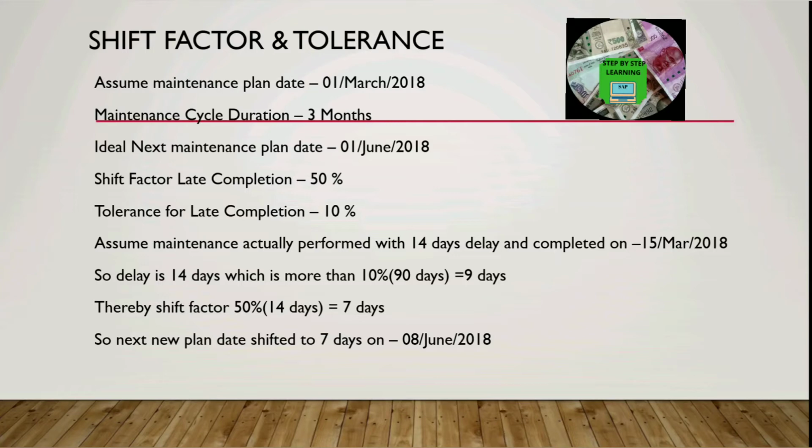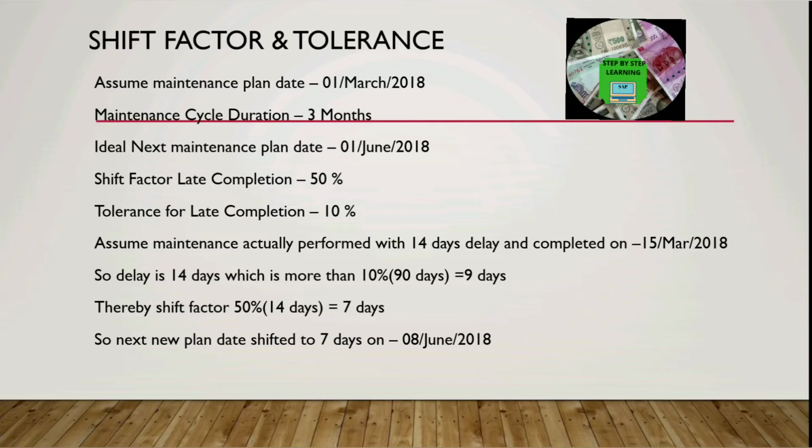That is, the ideal next plan date is 1st June, but due to the shift factor for late completion of 50 percent, after applying it, the next plan date will be shifted automatically during scheduling by your background job. Normally, the background job is a job that schedules the maintenance plan automatically every day.